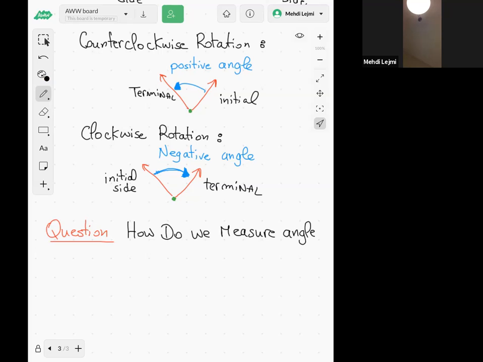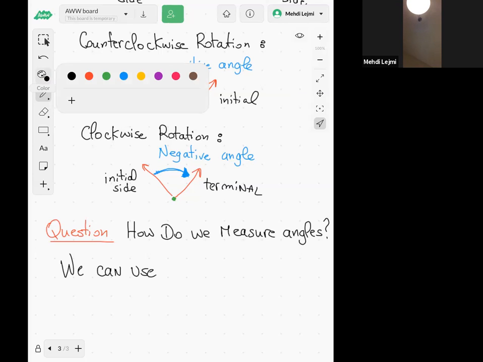In other words, which units do we use to measure angles? We have two possible units. We can use degrees, or radians.